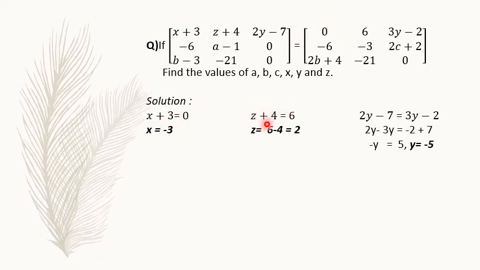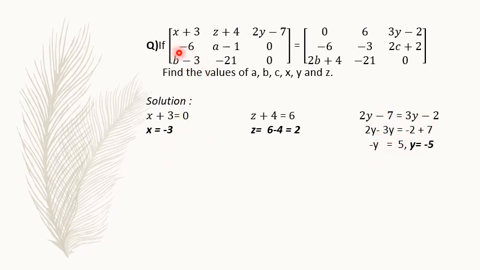Then also z plus 4 equal to 6 and 2y minus 7 is equal to 3y minus 2. When x plus 3 equal to 0, x becomes minus 3. When z plus 4 equal to 6, z equal to 2. When 2y minus 7 equal to 3y minus 2, then y becomes minus 5. The calculations are given here.